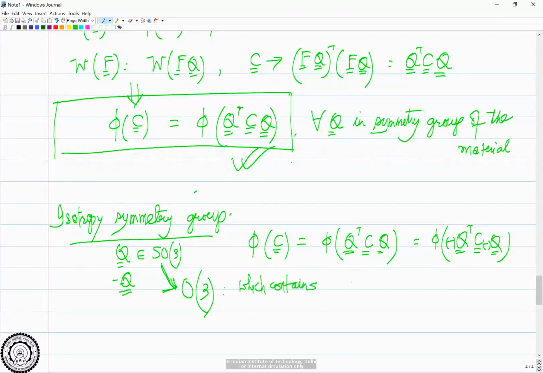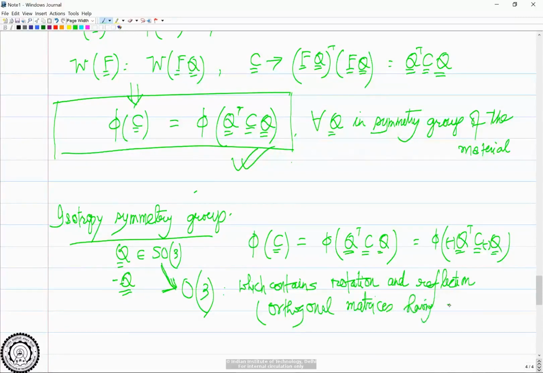Don't be worried about these big names, SO3 or O3. It's simply that O3 contains rotations as well as reflections, that is, all orthogonal matrices or tensors having determinant equal to plus or minus 1.